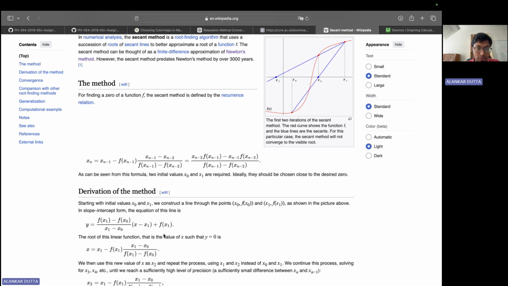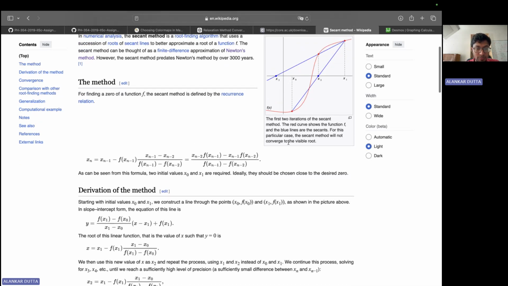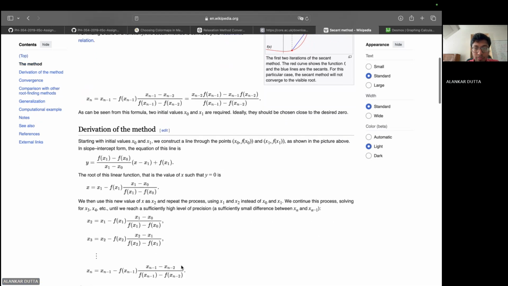The root of this linear function is the value x such that y equals 0. As you move closer and closer, the straight line becomes a good approximation of the function here, and the curvature of the function doesn't matter once you're pretty close. So we use a new value x2 and repeat the process, right?